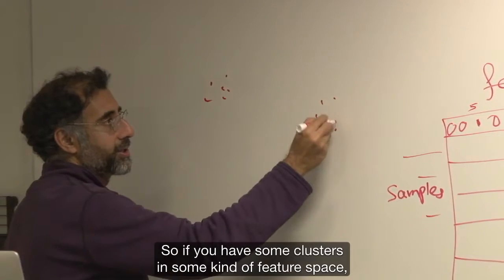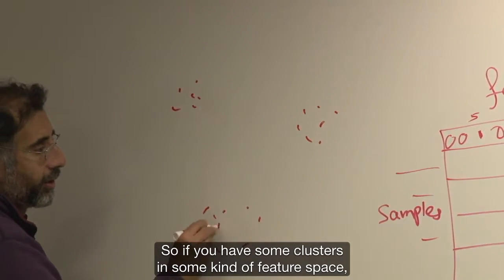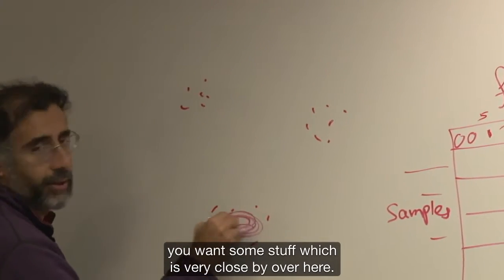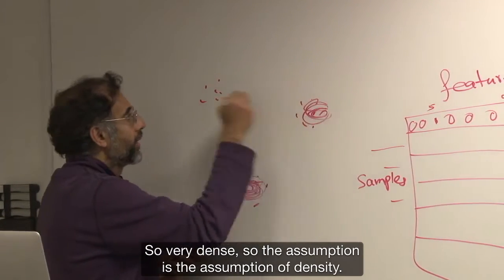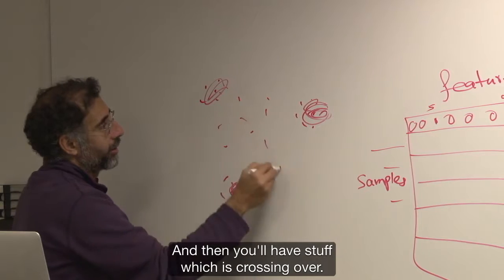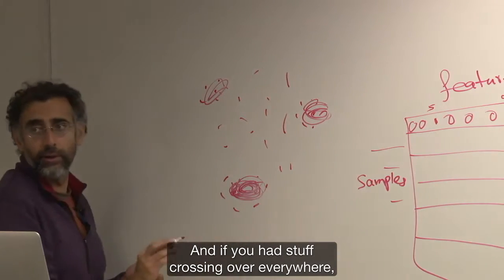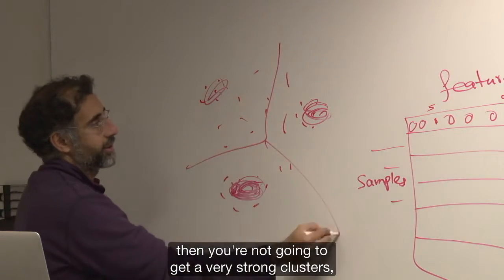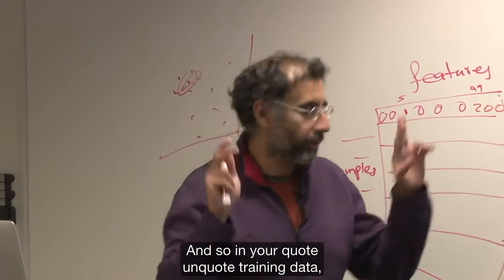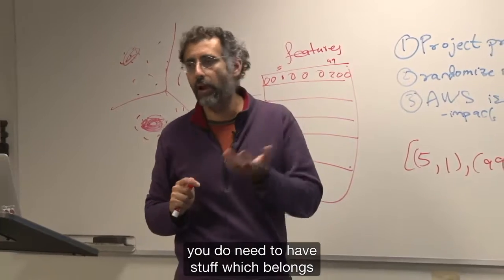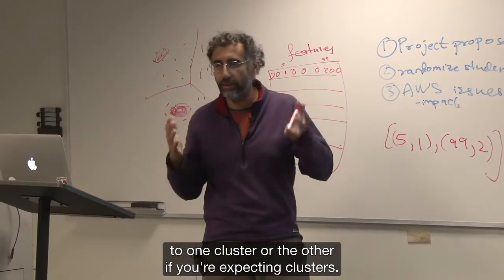If you have some clusters in some kind of feature space, you want stuff very close by, so it's very dense. So the assumption is this assumption of density. And then you'll have stuff which is crossing over. And if you had stuff crossing over everywhere, then you're not going to get very strong clusters. So in your quote-unquote training data, you do need to have stuff which belongs to one cluster or the other if you're expecting clusters.